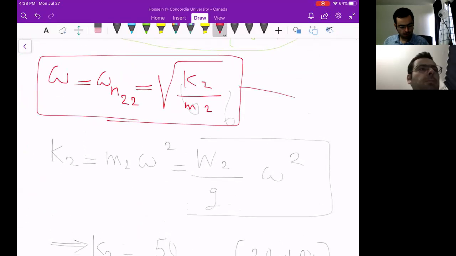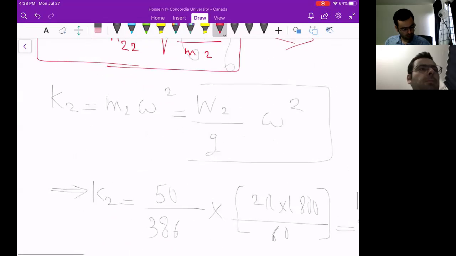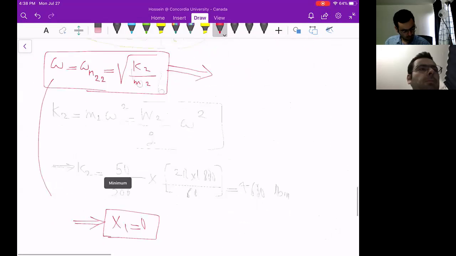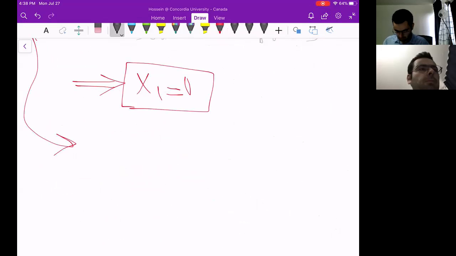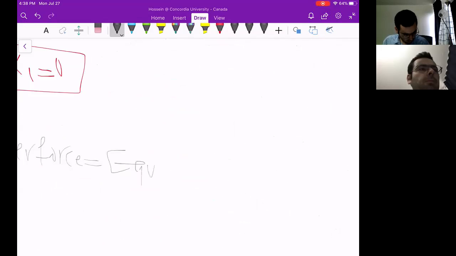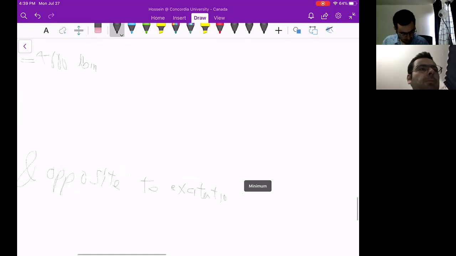So therefore the absorber force would be equal and opposite to the excitation force amplitude.